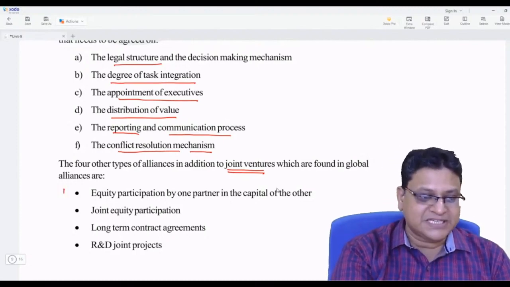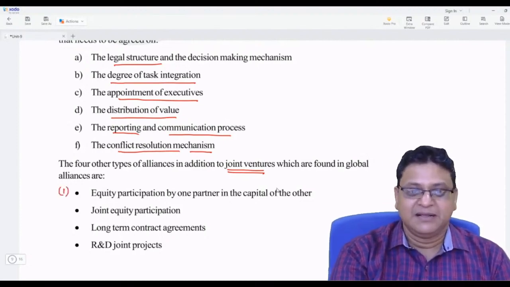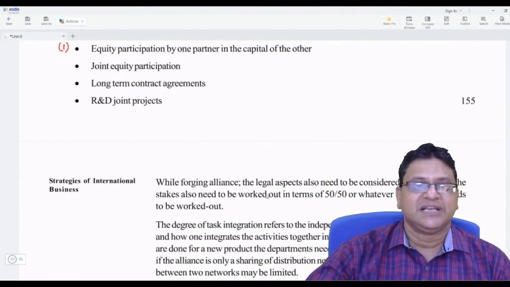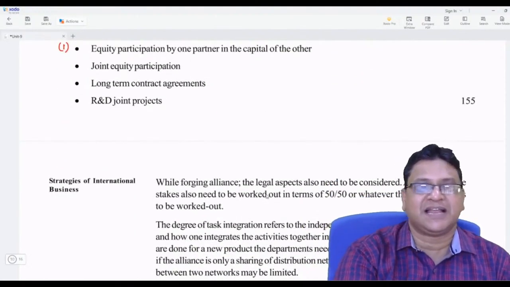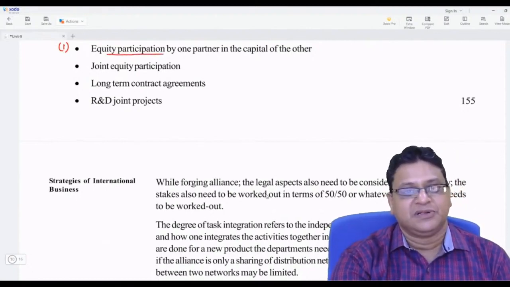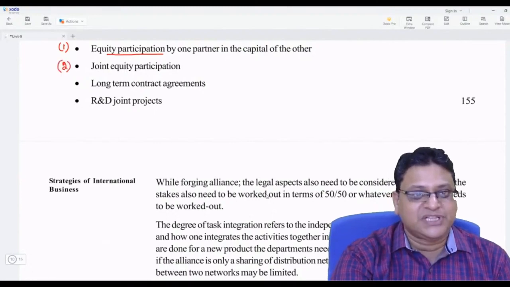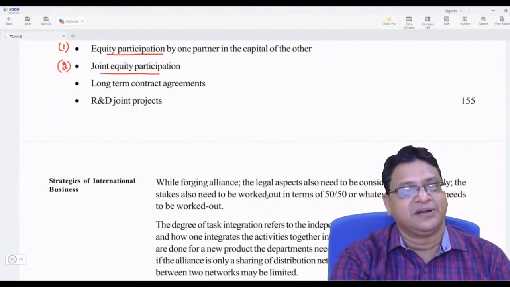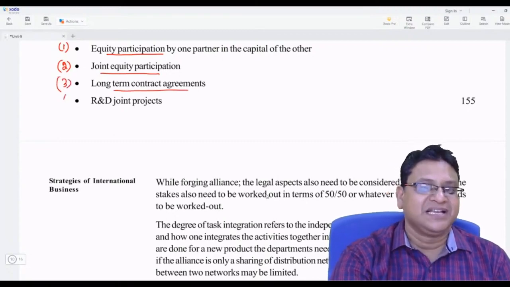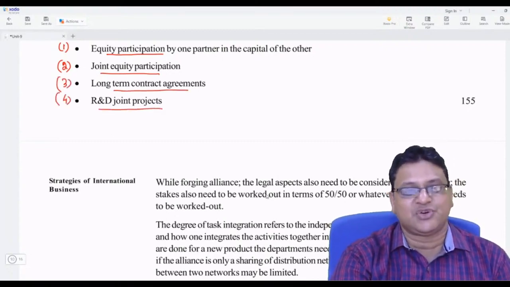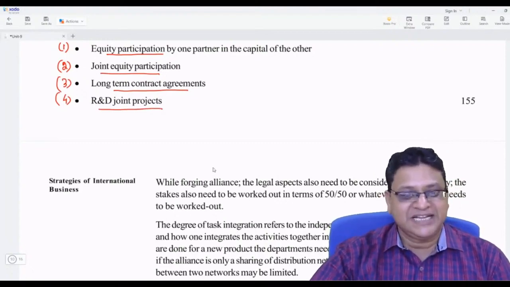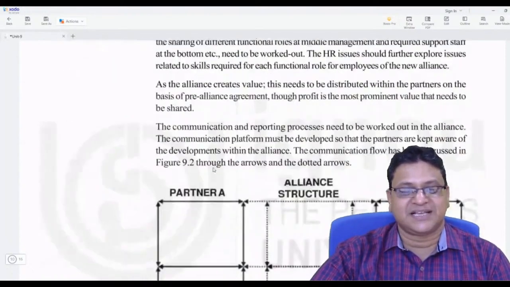It can be created with equity participation, with joint equity participation, with long-term contract agreements, and with R&D joint projects. These are certain ways of creating a global strategic alliance.